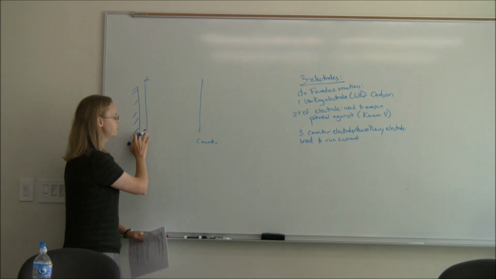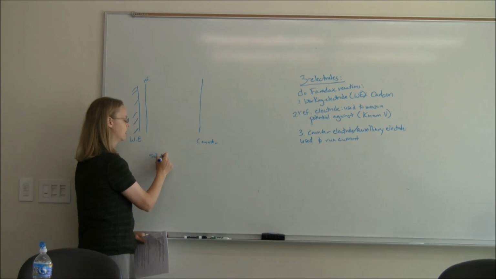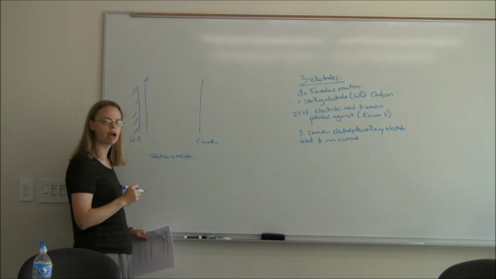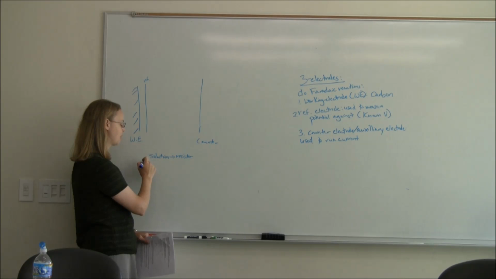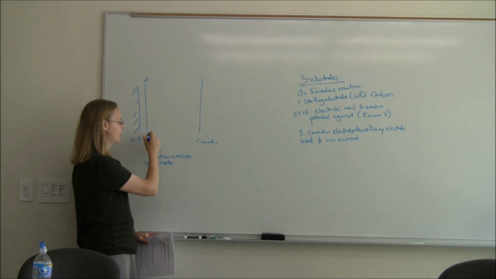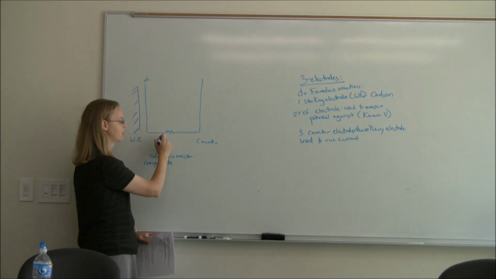The reason these two need to be close is because a solution is like a resistor. So there's some resistance to ions moving around in solution. They don't always want to go. And it turns out that we need to compensate for that. And so all of the resistance that's between the reference and the counter is compensated for.